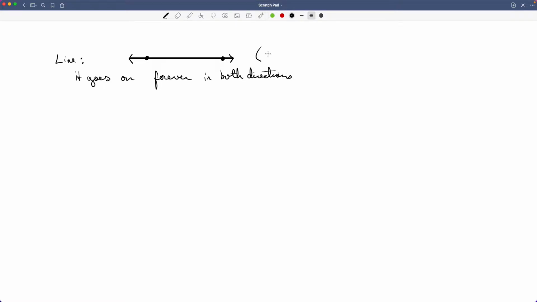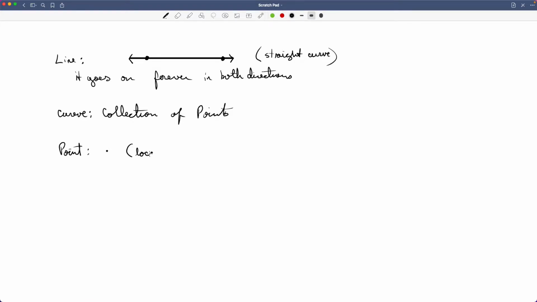And in parentheses over here, you could say it is a straight curve. A curve is a collection of points. And a point, here's your illustration.